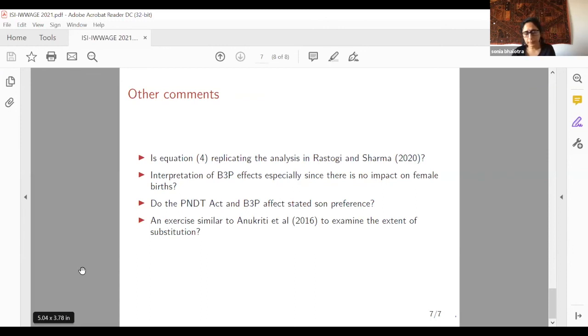And then another comment, again somewhat related to Anu's comment about coming back to numbers, to substitution. If you think of three periods: a baseline, when we had no ultrasound technology; then a period that we've analyzed, which is the arrival of the technology that makes it feasible to sex select; and then a third period, which overlaps with the second, which is the arrival of policies trying to inhibit this behavior.